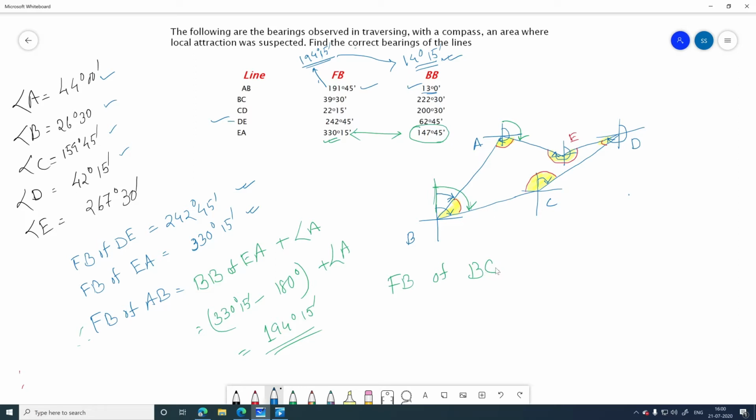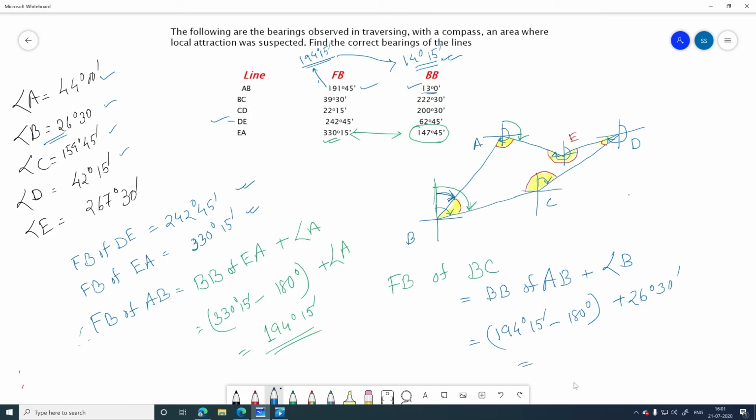So what will be the forebearing of BC? Simply the back bearing of AB, which we have just calculated, plus the interior angle B. So that is 194 degree 15 minutes minus 180 degree, and the angle B is 26 degree 30 minutes.